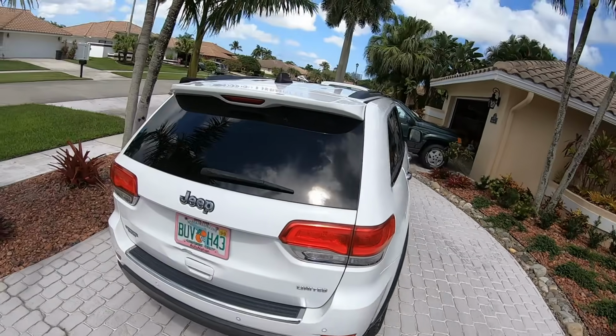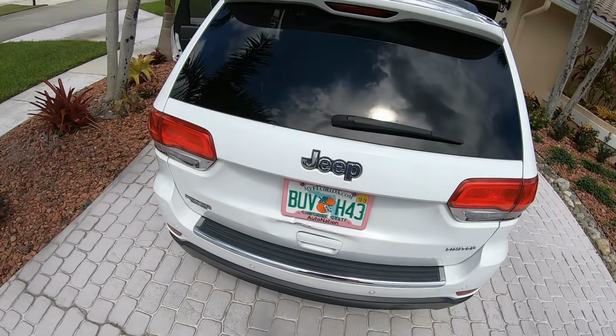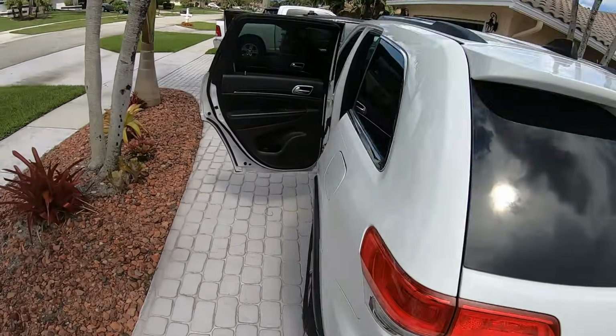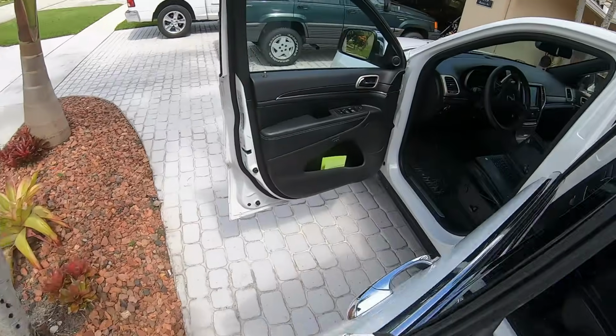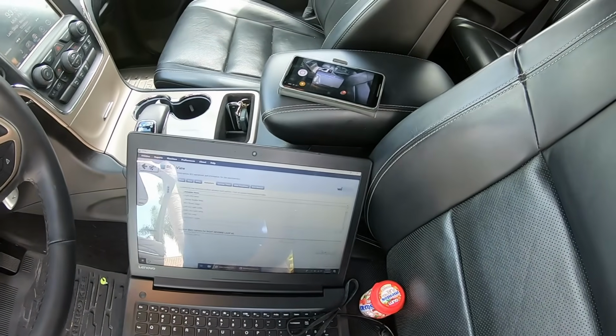I don't see anything. It's possible that was damaged during the collision.